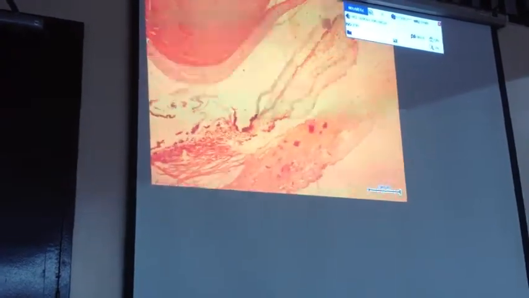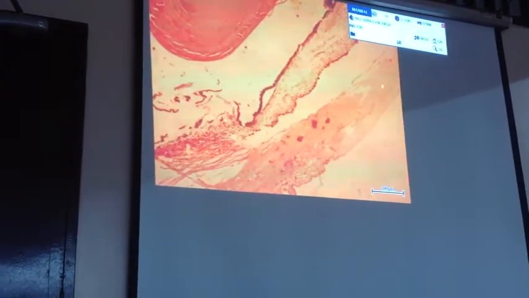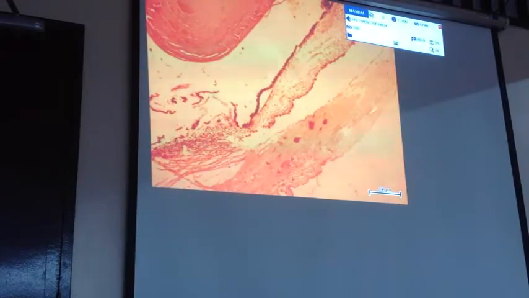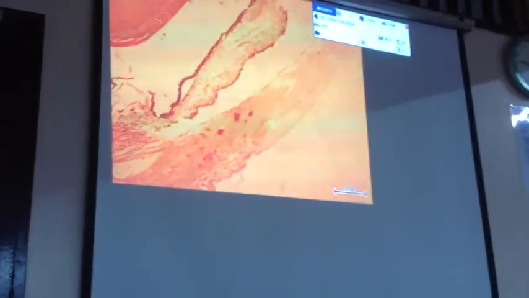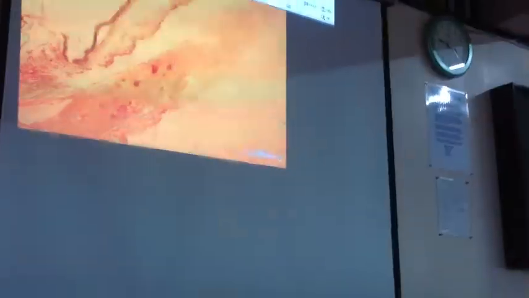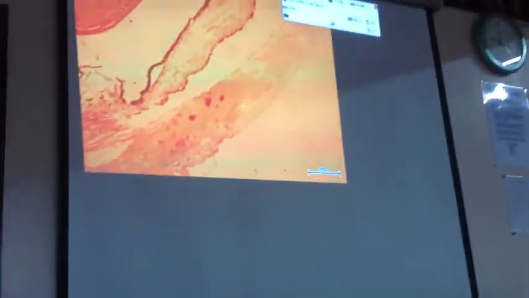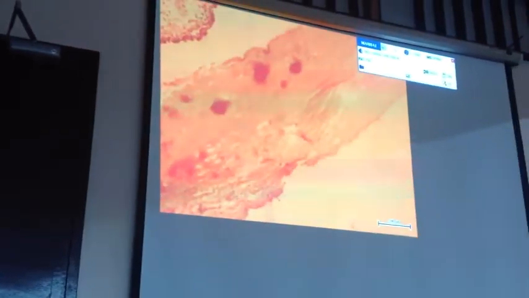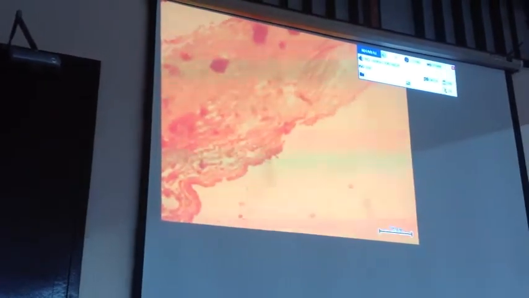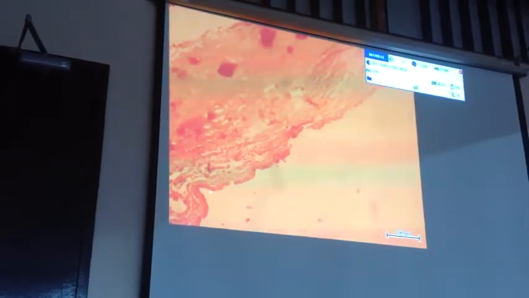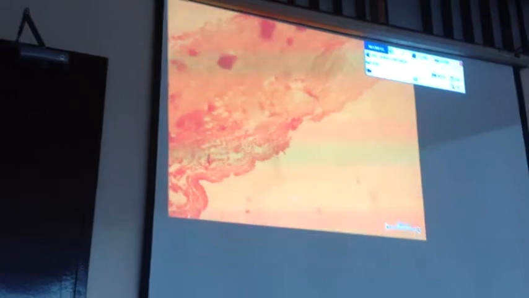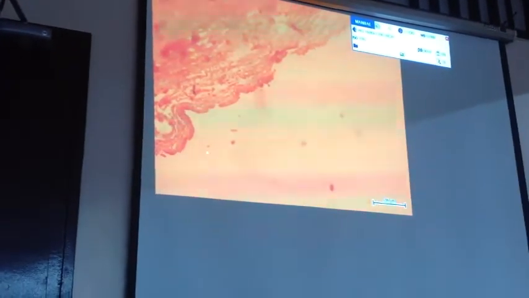Now, anterior to the iris is the anterior covering of the eye, which is called the cornea. The cornea is composed of 5 layers. Starting from the outermost, the corneal epithelium is composed of what type of epithelial tissue?